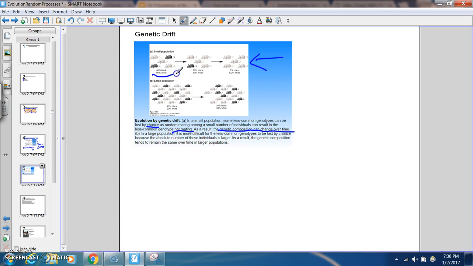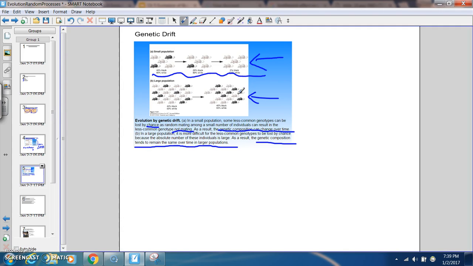So you see this drift in relative percentages of phenotypes over time. Now in a large population, it's much more difficult for less common genotypes to be lost because the populations are large. As a result, the genetic composition tends to remain somewhat stable over time in large populations because the number of individuals is large.